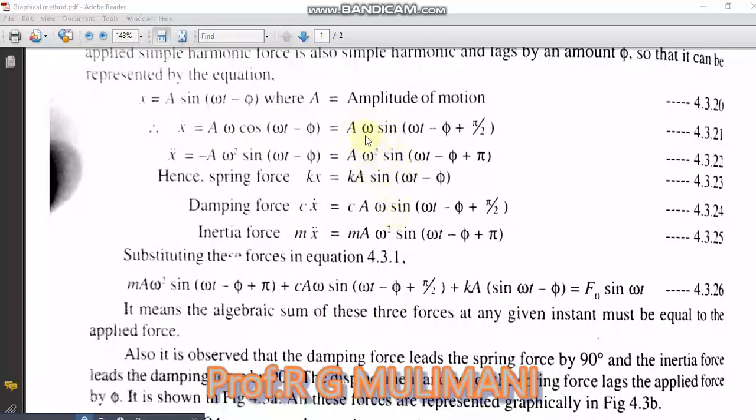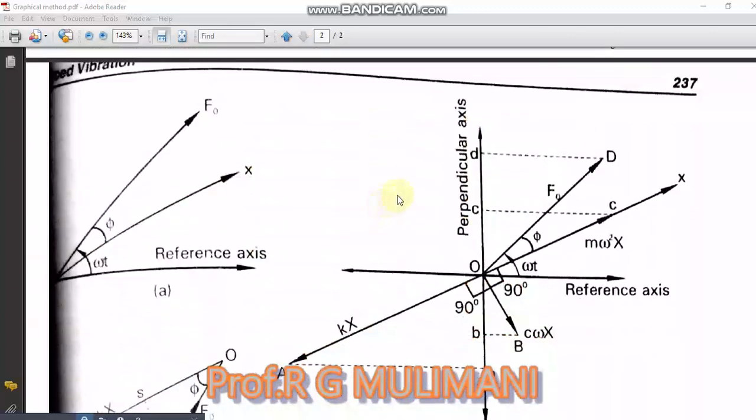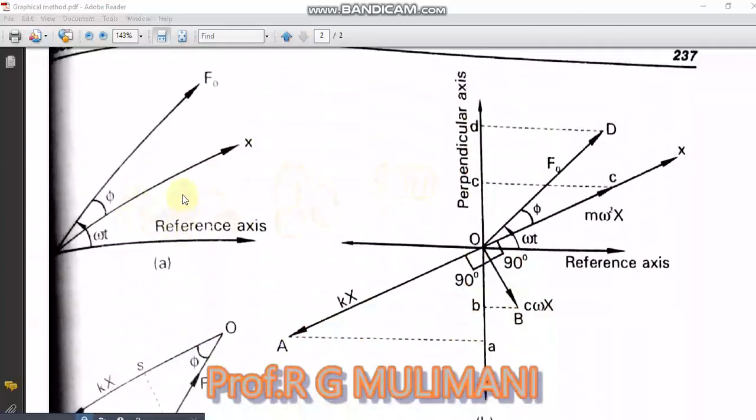Let us represent all these forces in the graph. The impressed force, that is F naught sine omega t. This F naught is the reference axis. From this axis we are considering all the forces. The impressed force F naught is the magnitude, and it is at an angle omega t.